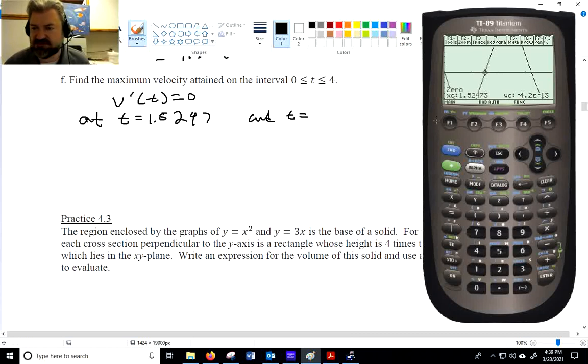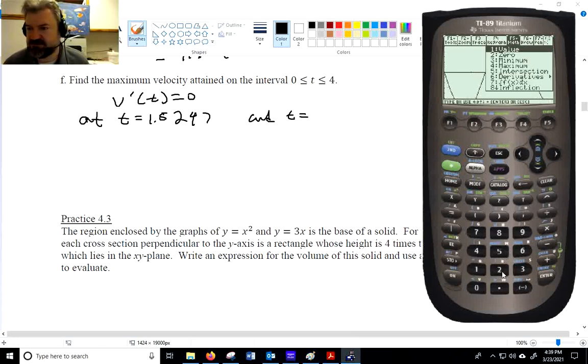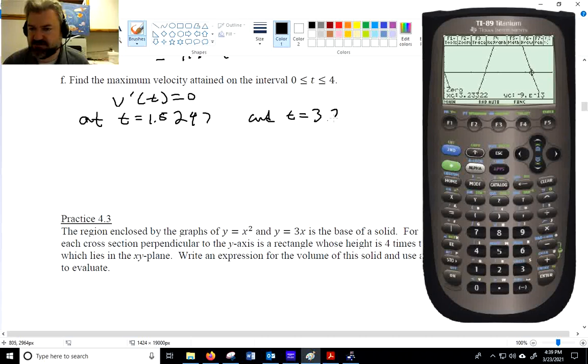At t equals, let's go get that other 0. Sometimes hitting second arrow makes it go a little bit faster. All right, left bound and right bound, lower and upper bound. So that happens again at t is equal to 3.2332.